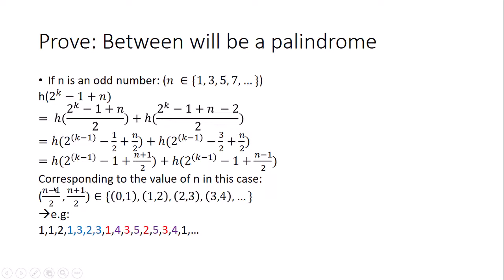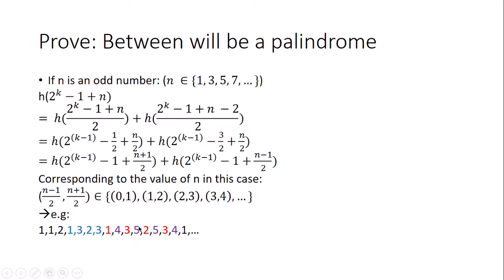So corresponding to the value n in this case, you will have each pair. The pair n minus 1 divided by 2 and n plus 1 divided by 2 will be 0, 1, 1, 2, 2, 3, 3, 4, and just continue like that. So it actually looks like this. So 0 plus 1, the previous one, so for 1, it will equal 1, and for 3, it will equal 4.